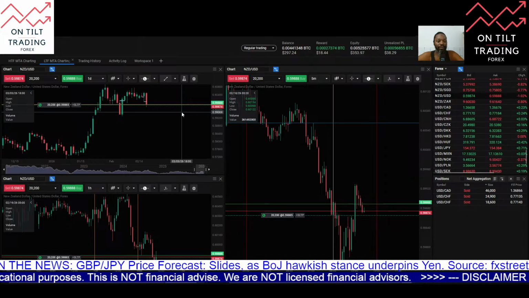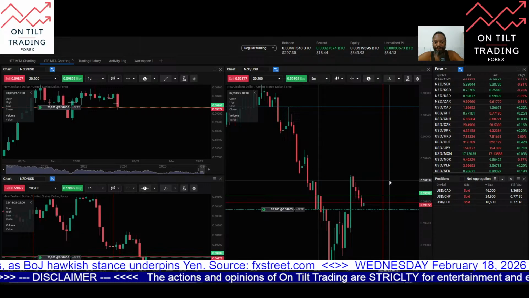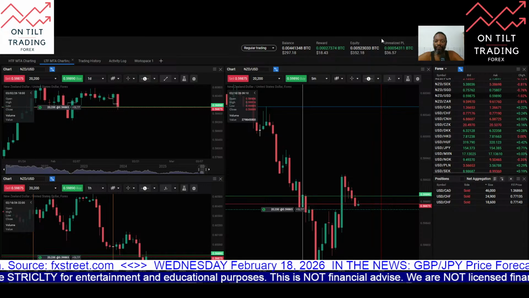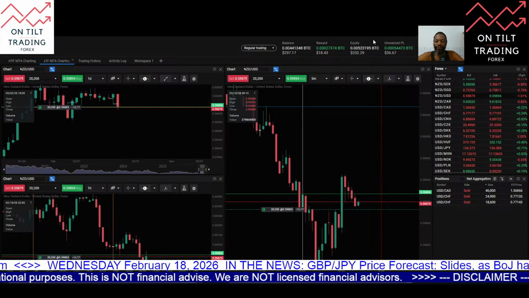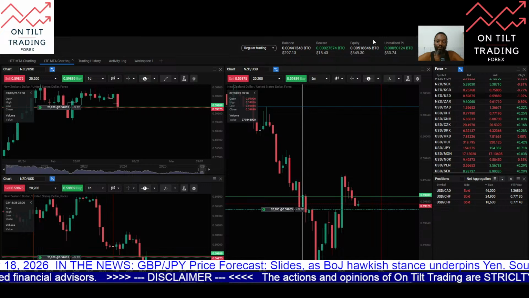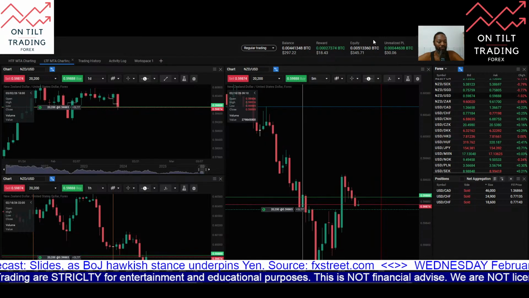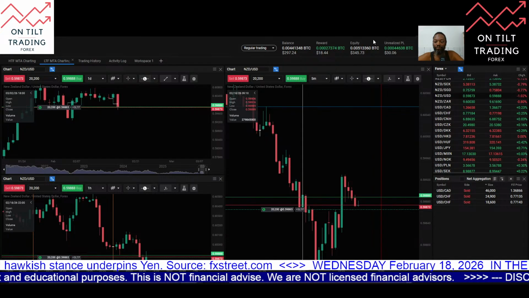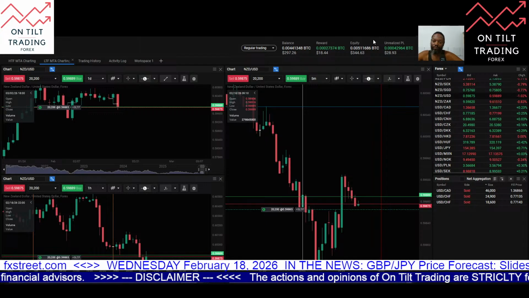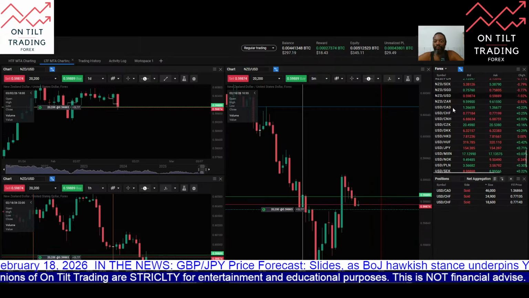Kiwi dollar here, still trading above my limit entry, but showing some potential for follow through here. Still seeing pullback on the other pairs.